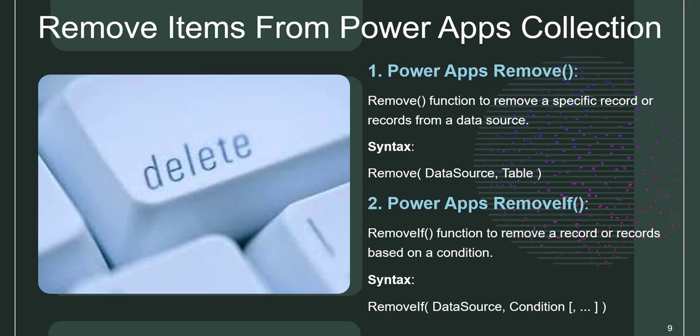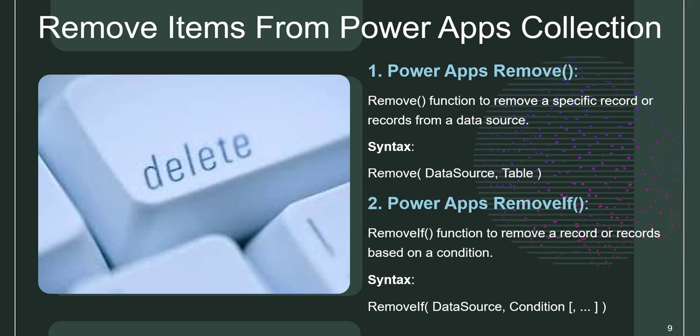First of all, as I told you, there are 2 functions to remove a PowerApps collection item. One is the Remove function and another one is the RemoveIf function. The Remove function is used to remove a specific record from a data source. Suppose you have a collection of data in a gallery control and you want to delete a specific item, suppose the third or fifth item, then you can use the Remove function.